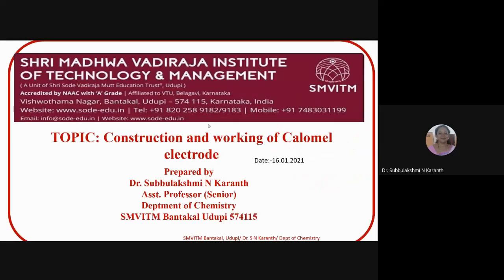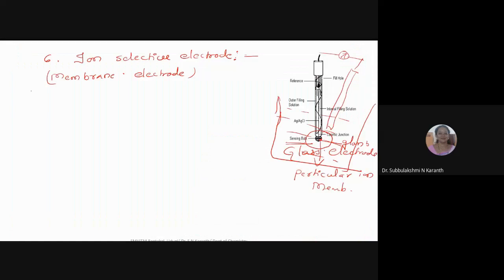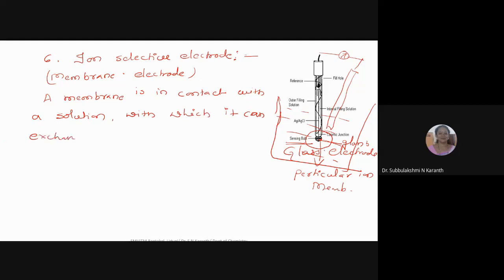In case of an ion selective electrode, we can write it like this: a membrane, it may be a glass membrane, is in contact with a solution with which it can exchange its ions.